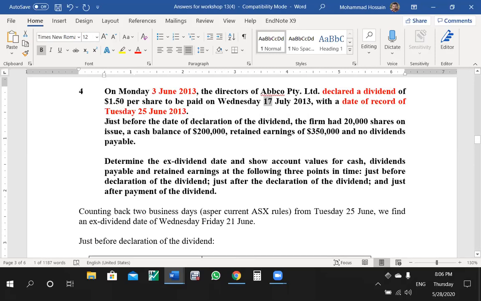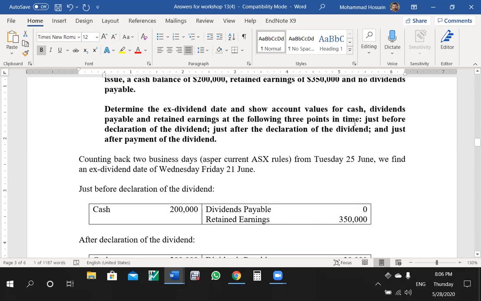Show the account value of the cash. Okay, we have to show this just before the declaration. They have 3 points in time: just before declaration of the dividend, just after the declaration of the dividend, and just after payment of the dividend.